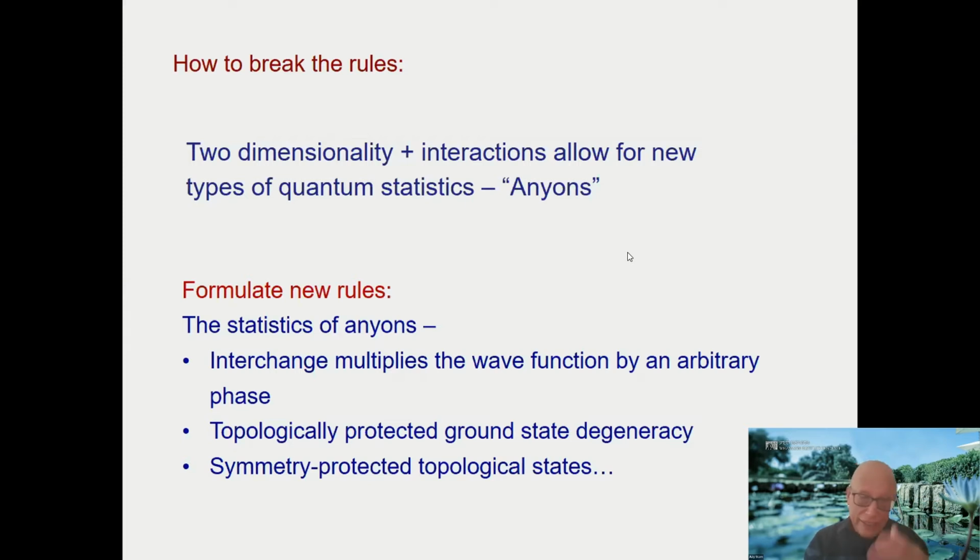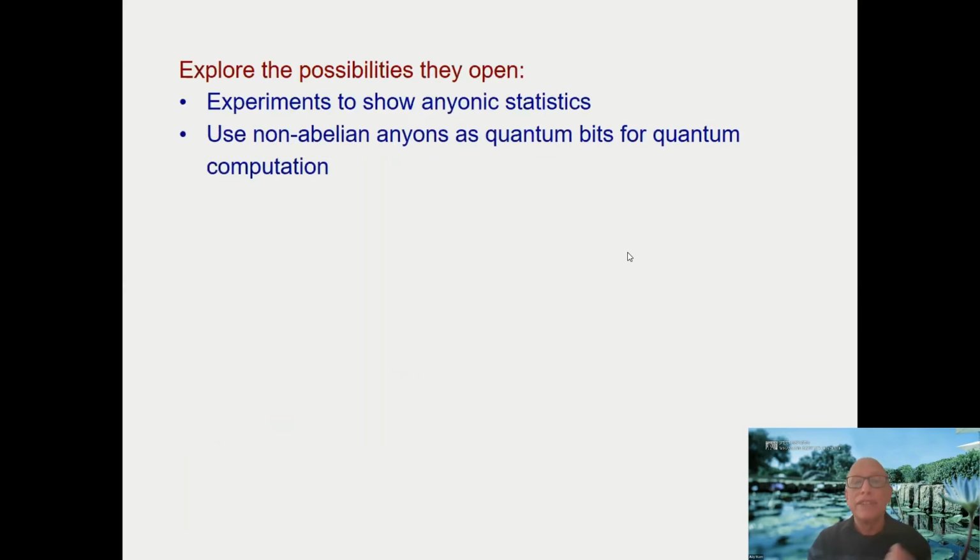We understand this notion of symmetry protected topological states, which are states where this very exciting behavior happens only under certain conditions. So sometimes, as I said, you have topologically protected ground state degeneracy, which does not require any symmetry, and in some other cases it does. We understand all of this. Then we ask ourselves, what are the possibilities that this set of rules open? First of all, can we see this in experiments?